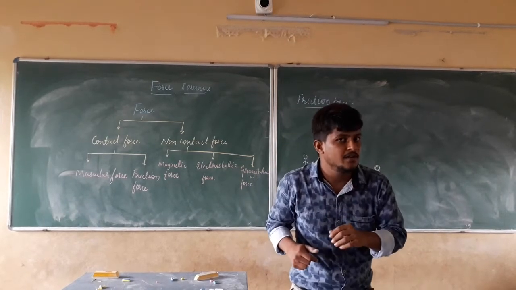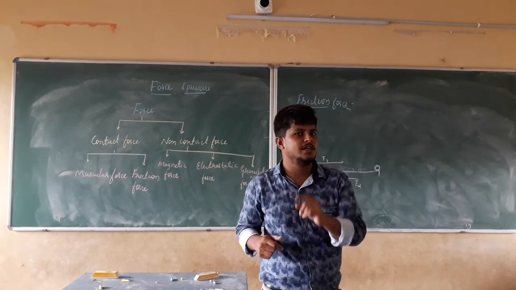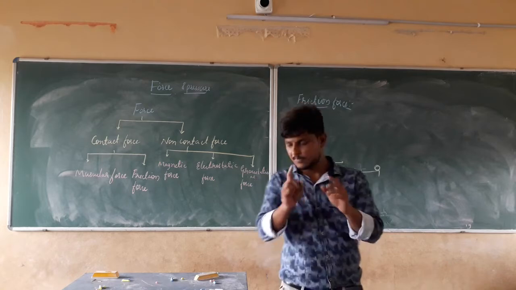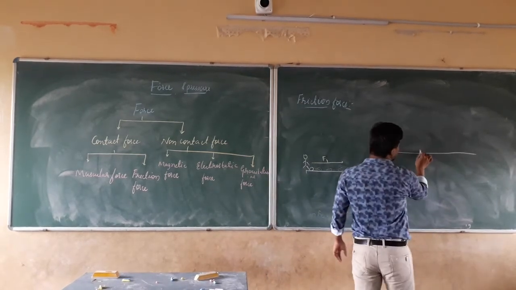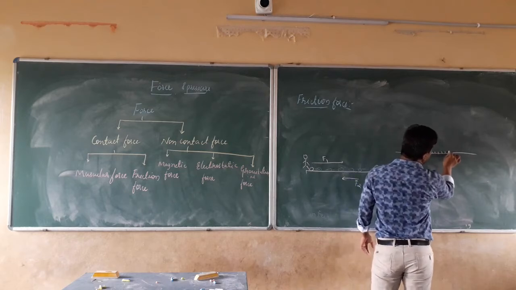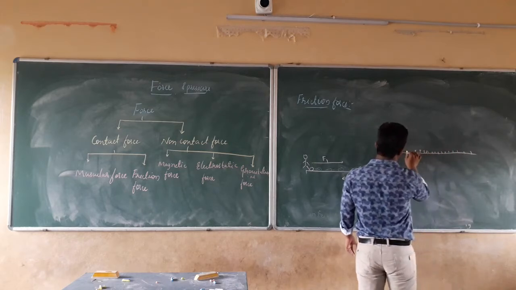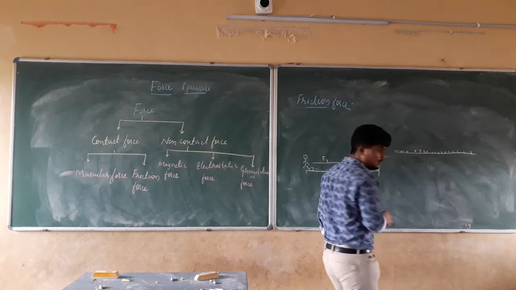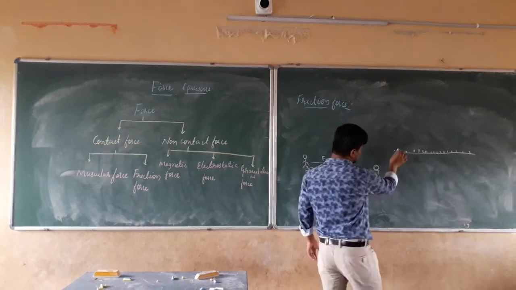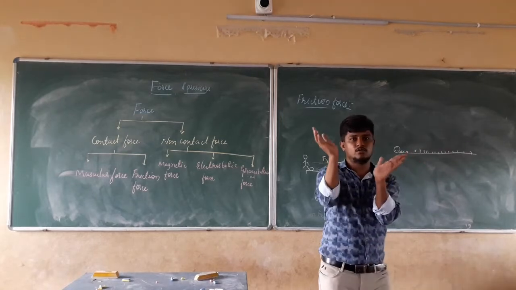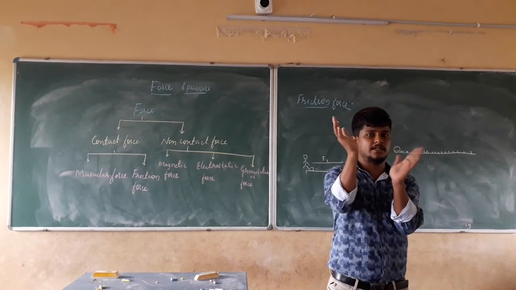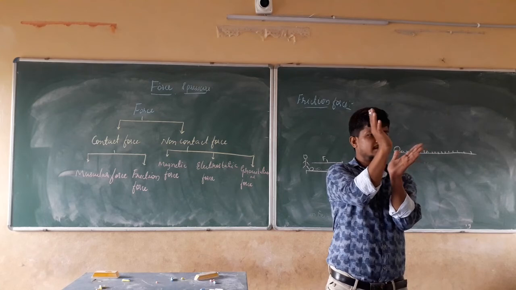How is it opposing? When you see the grass ground, there will be a lot of grass, right? When the ball starts to roll, the grass will be like this, and the ball is going to roll like this.